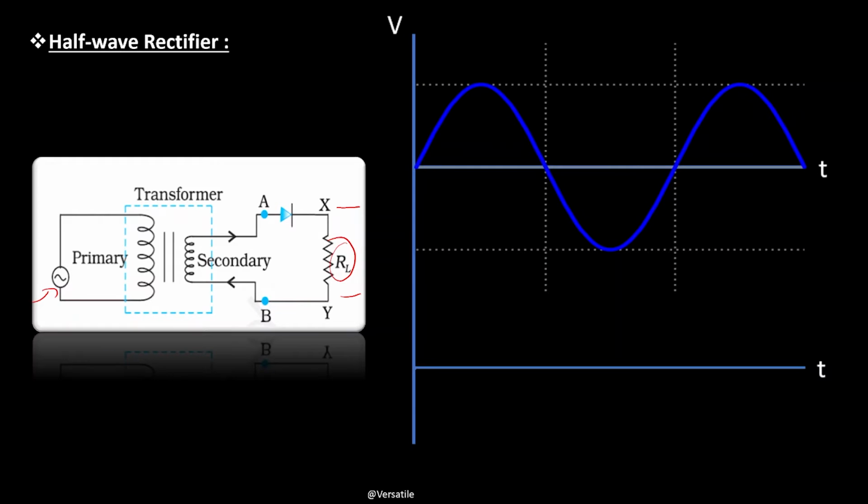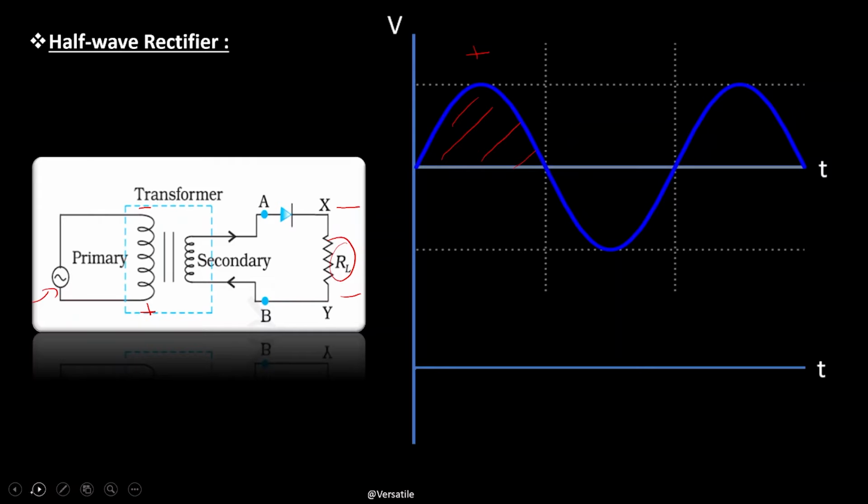So this is our AC input, and during the first positive half of the AC input cycle, let us say this side is negative and this side is positive in the primary coil.